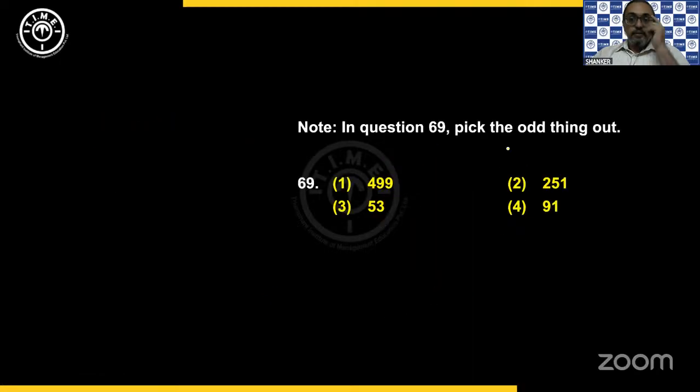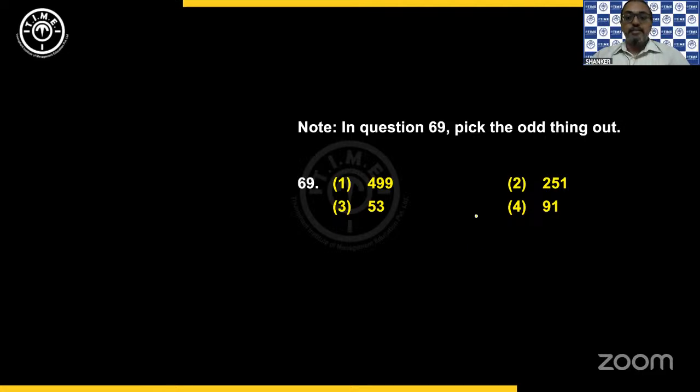Okay, next. Pick the odd thing out. So here, the first observation is all are odd numbers. Now, once you know all are odd numbers, you just have to check, can I find a concept of prime numbers? Because all prime numbers are odd numbers except the first prime number, which is 2. Remaining all prime numbers are odd numbers.